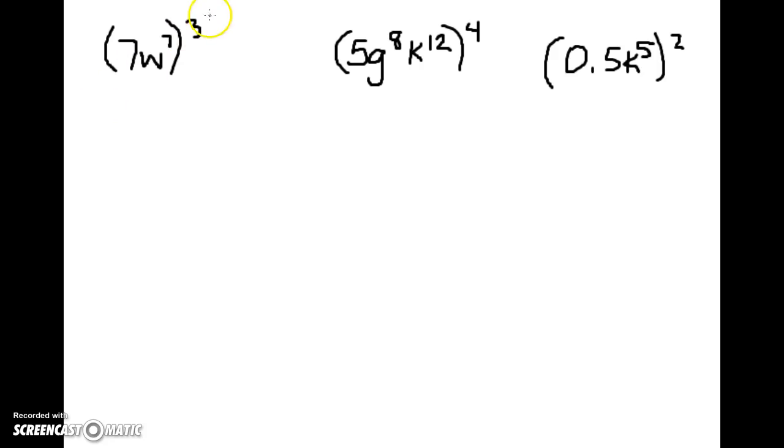Now, the 3 up here is going to get applied to each piece inside, meaning each number and each variable. That means that 7 is going to get cubed, as well as the w to the 7th needs to get cubed. And this is all still being multiplied. So we're going to look at this separately.